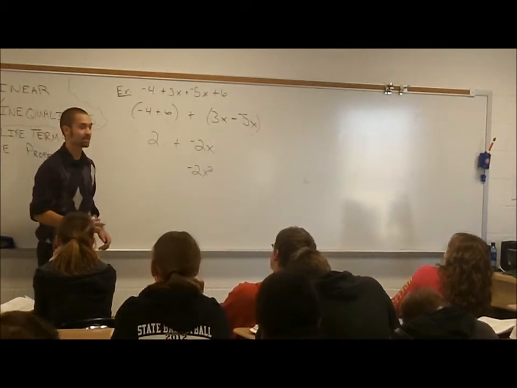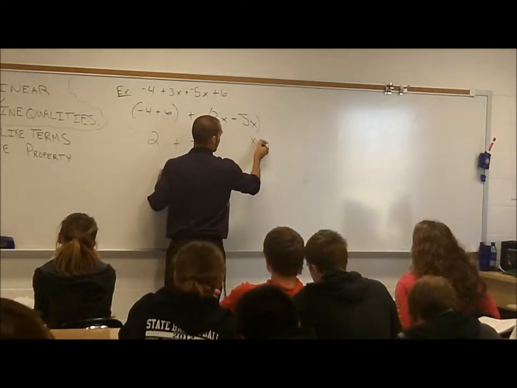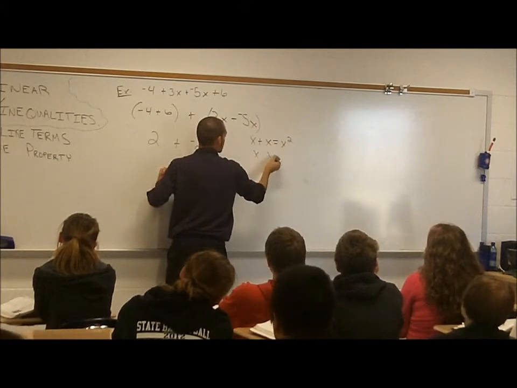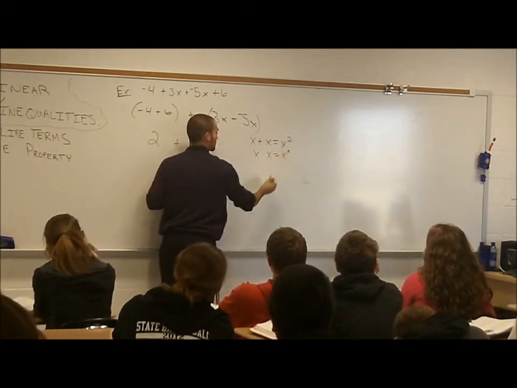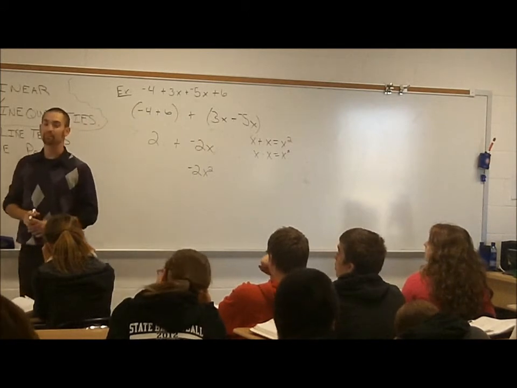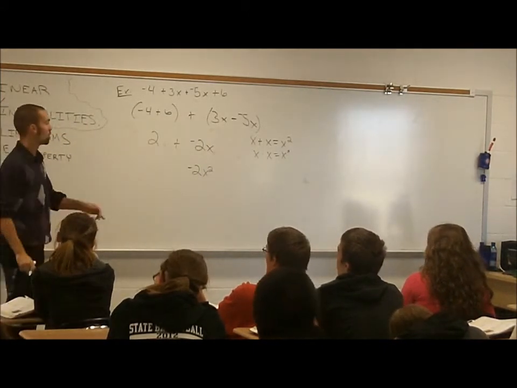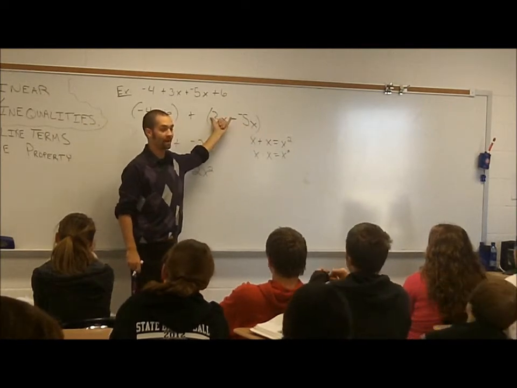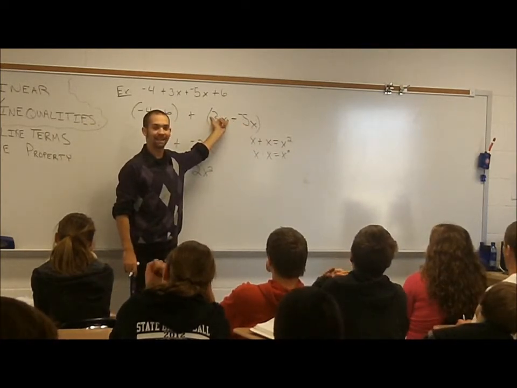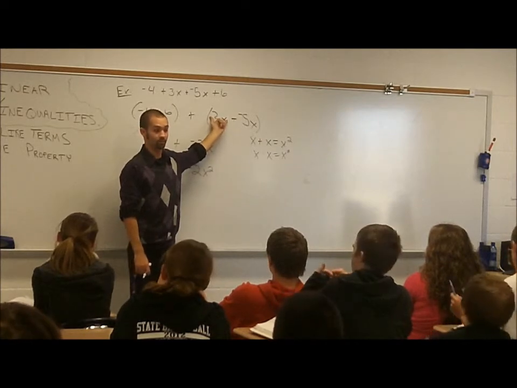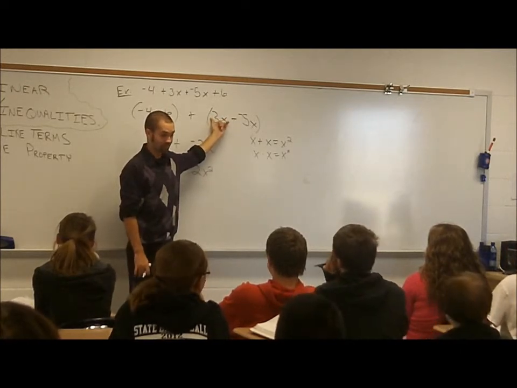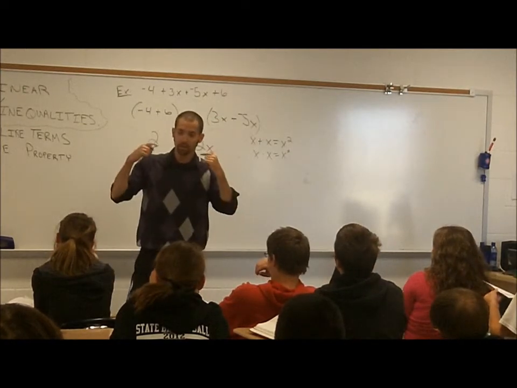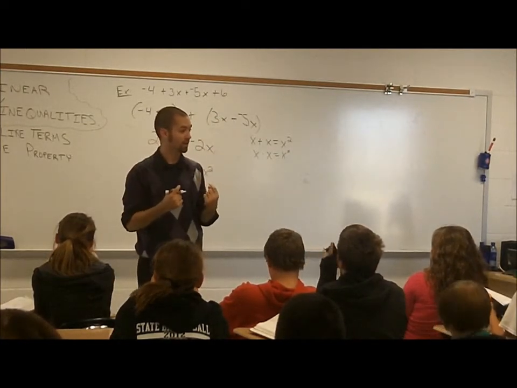Does that make sense? Is x plus x x squared? Or is x times x x squared? X times x is x squared. So who are we really adding, the inside or the outside? Outside. What did we do last week?